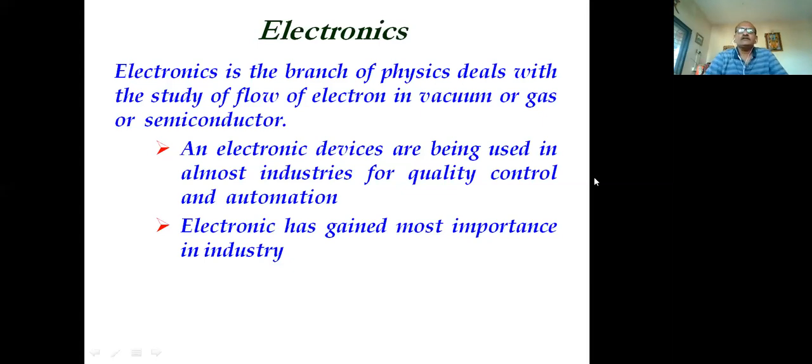How can we study electronics? In electronics, a number of devices and instruments can be designed, fabricated and discovered.